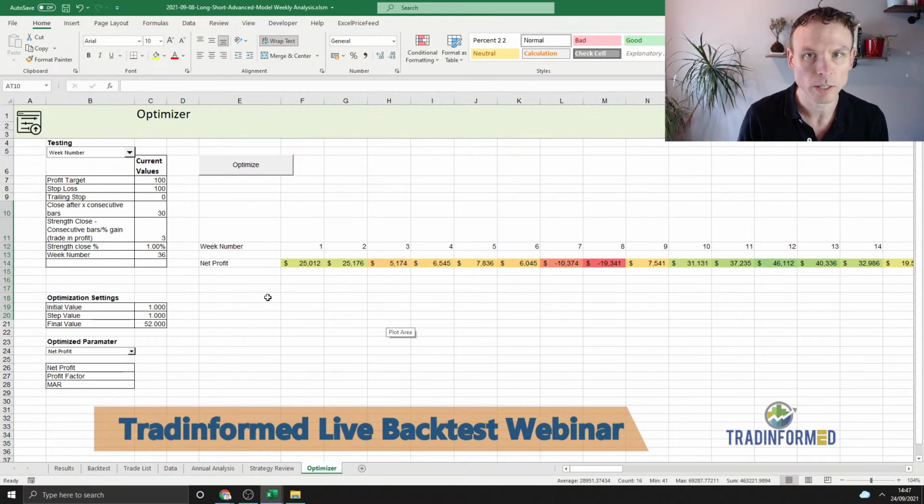Now you can do this manually. What I'm using here is a Tradinformed backtest model, and it automates and simplifies a lot of the things that do take a bit longer, but you can easily do this yourself in Excel. So you can see here, week number 1, week number 2, it's very simple.